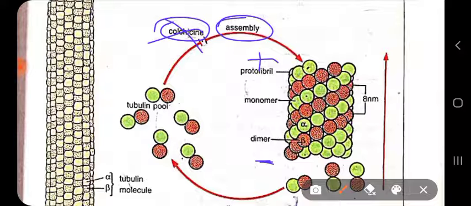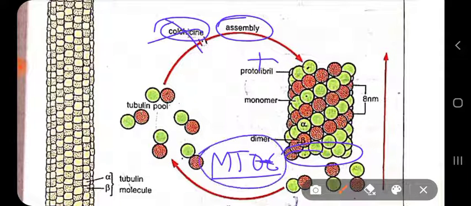Now at the minus growing end, or slow growing end, these microtubules are tightly bound by the MTOC, called the microtubule organizing center.